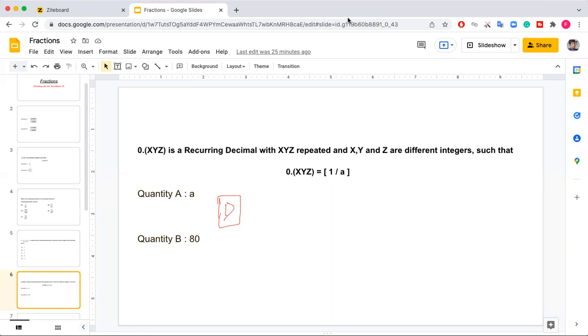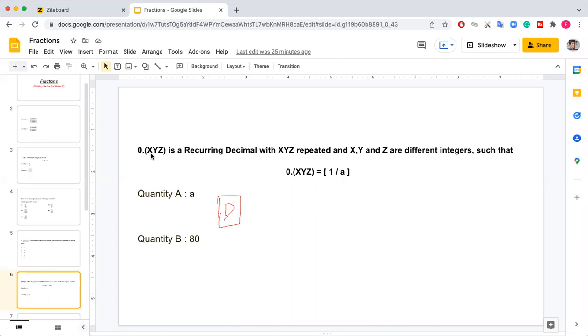We don't know the value of x, y, z. A can be both negative and positive. First of all, how could a value on the right side of the decimal point be negative? This is 0 point something.